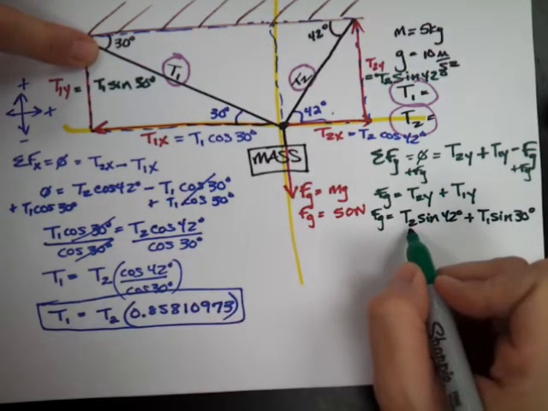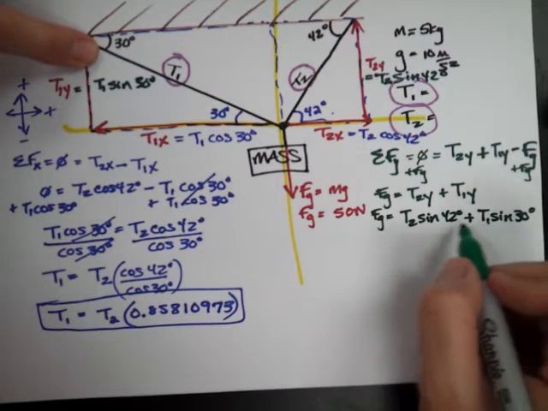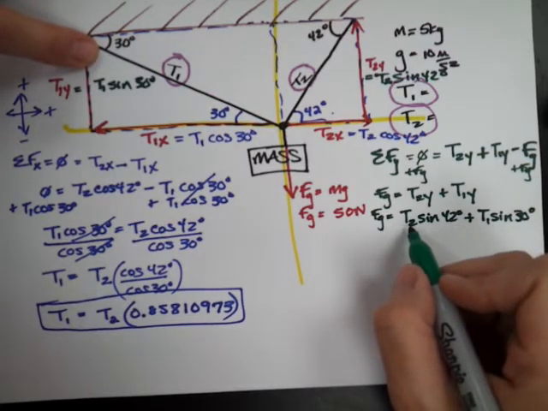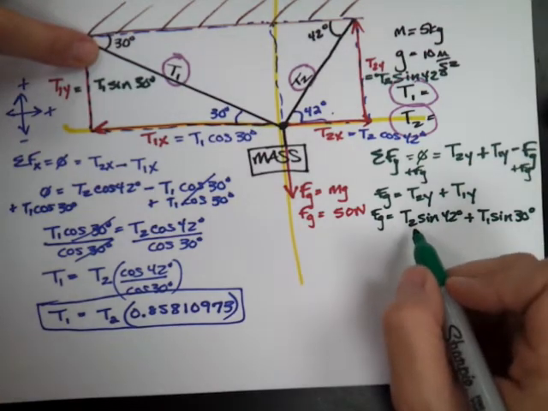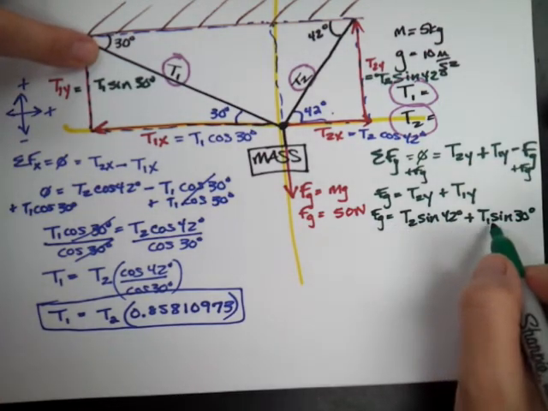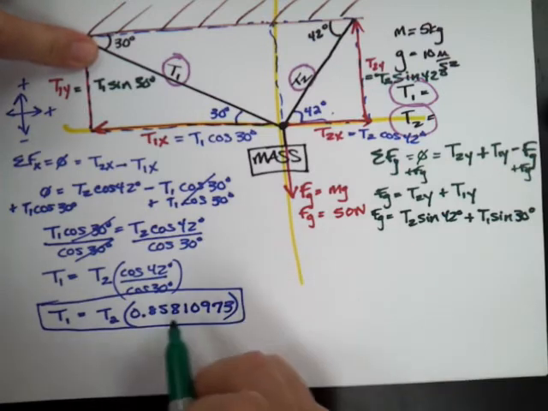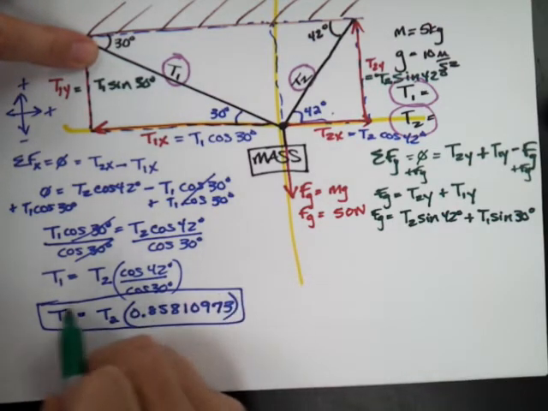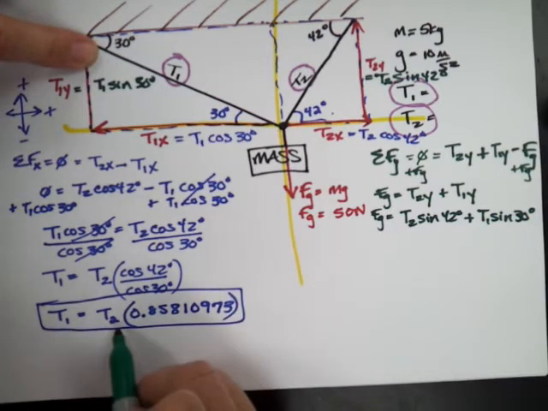But T2 and T1 are not able to be added because they're not the same T. It's like X and Y can't be added. So that's why solving in conjunction with the other component that we're looking for is important. You're basically solving it using this plugin.